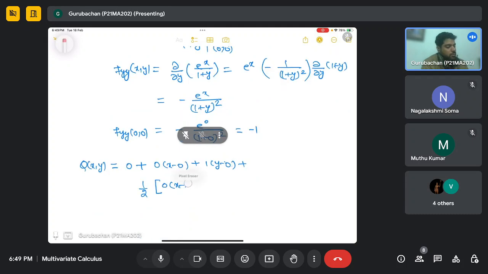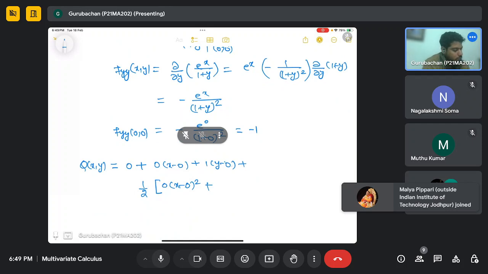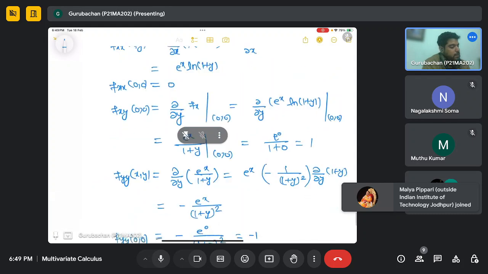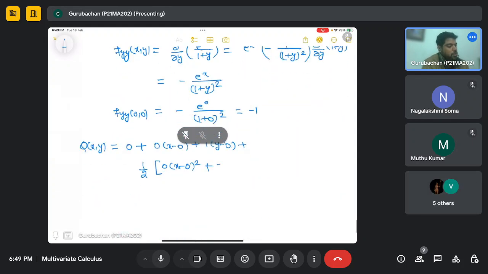So this is nothing but 0) whole square, plus the fxy is 1, that is 2 times (x minus 0)(y minus 0), plus fyy at 0, 0 is nothing but minus 1 times (y minus 0) whole square.